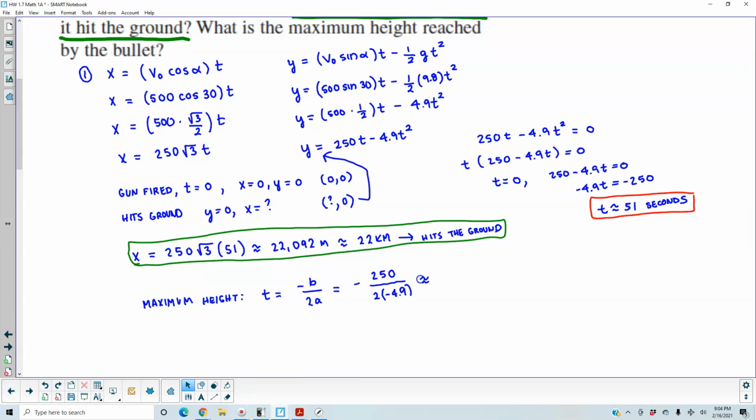And so that gives us approximately 25.5 seconds. And so now what we need to do is substitute this into the function for y to determine the maximum height reached, since y represents the vertical distance.